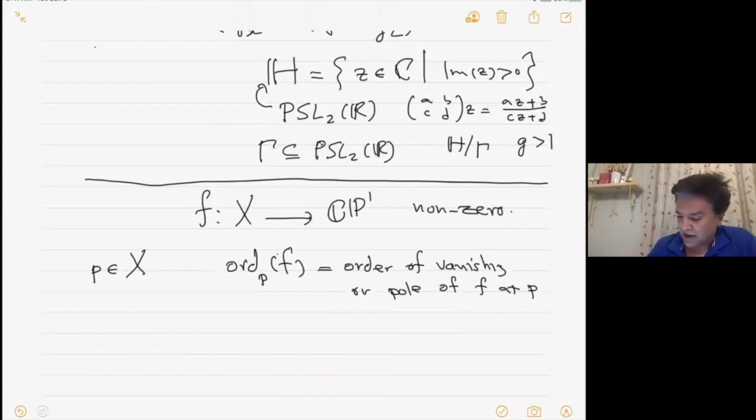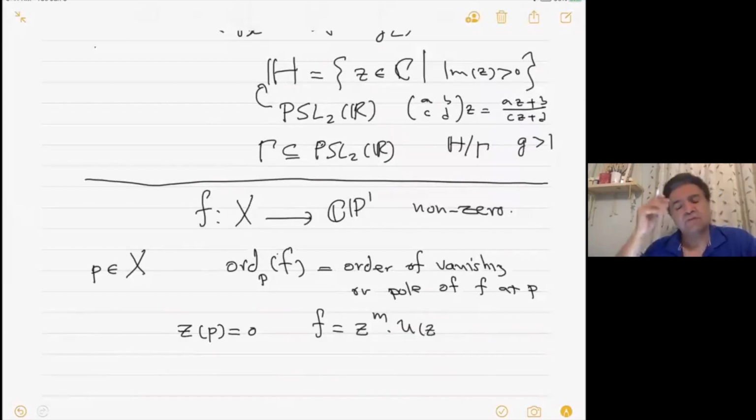And the way you calculate this order is very simple. You find a local coordinate at P, such that z of P is 0, and then you write f as some power of z times some unit, a unit function that is not 0 or infinity at P. So you take all the powers of z that are inside f, and what remains is a unit.